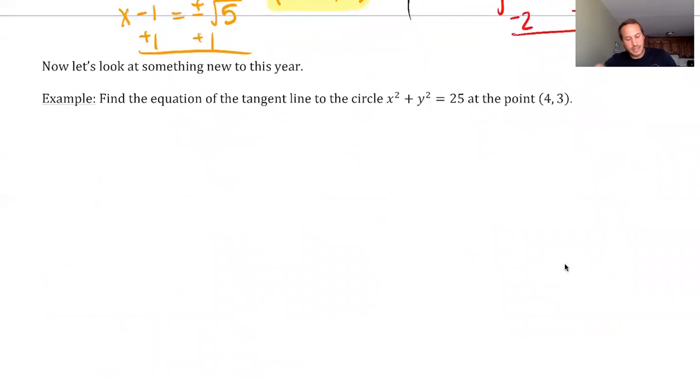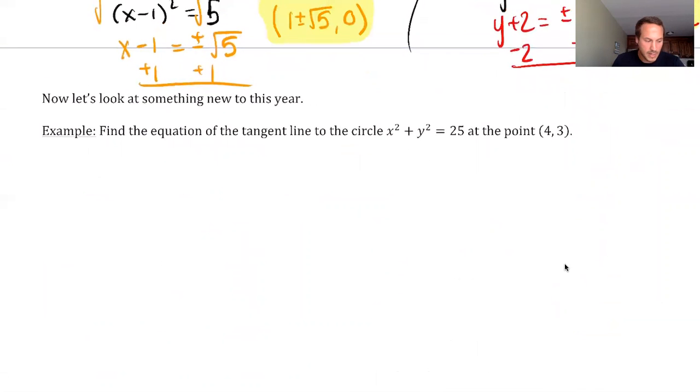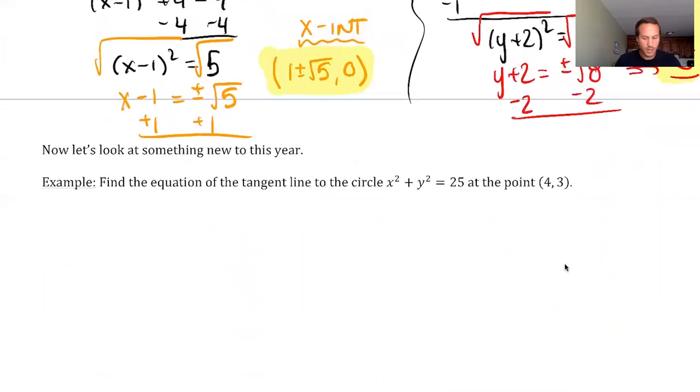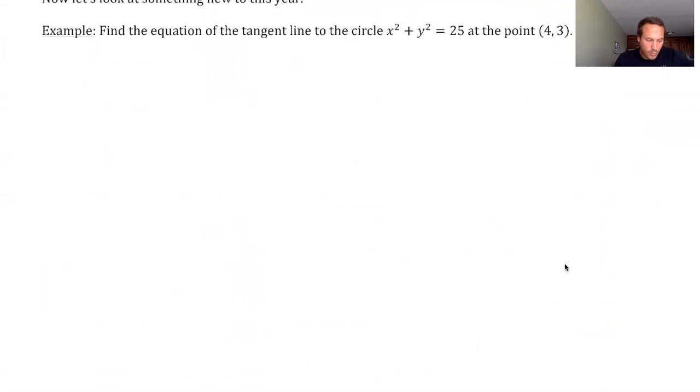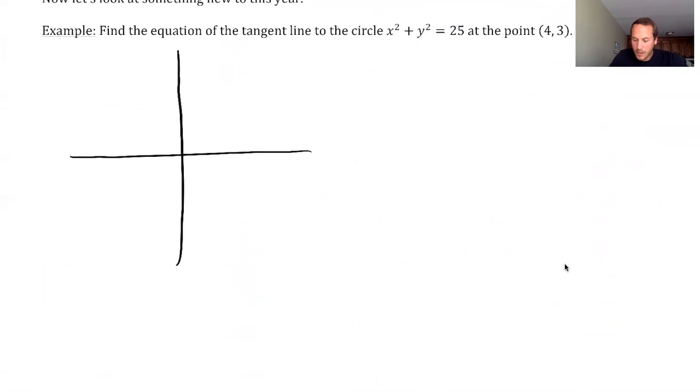Find the equation of the tangent line to the circle x squared plus y squared is equal to 25. Okay. In order for us to do that, let's get, again, a picture of this really quickly.